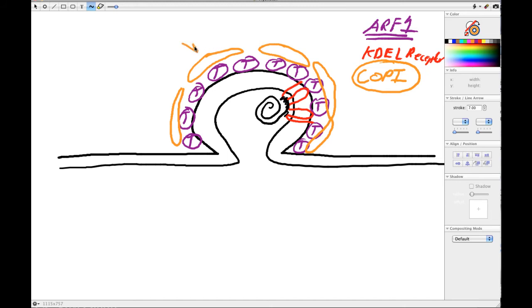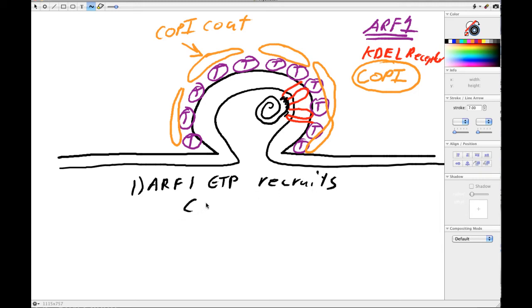So this is the COP1 coat. At this point, what we're seeing is the ARF1 GTP recruits the COP1 coat. The COP1 coat bends the membrane.